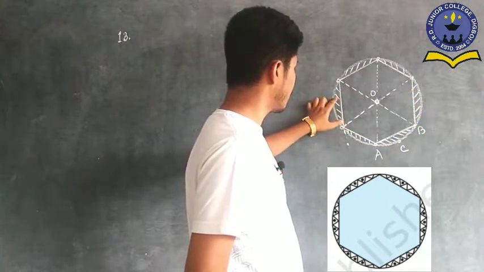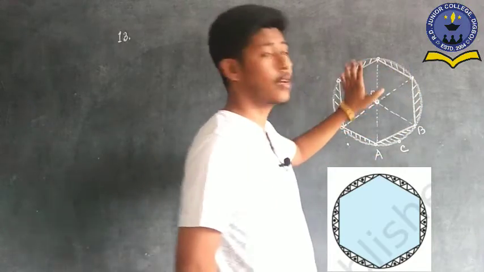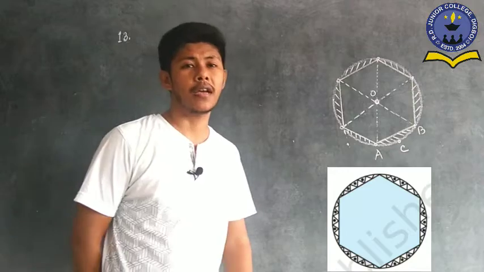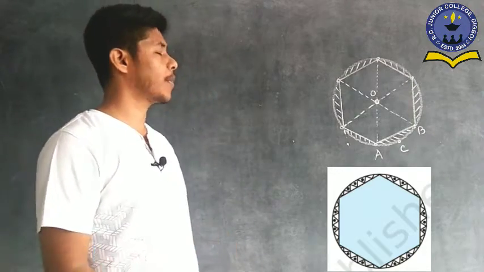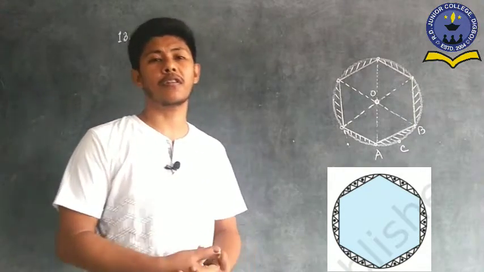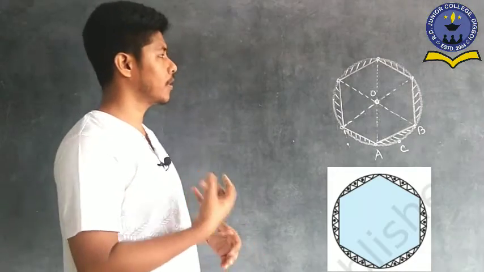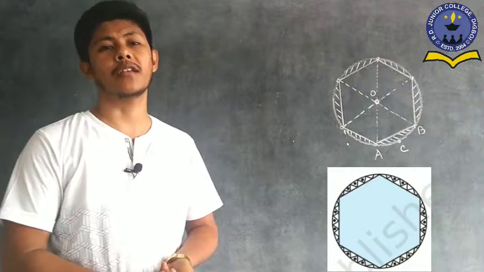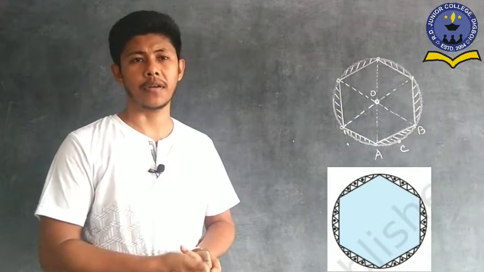How many designs are there? 1, 2, 3, 4, 5, 6 designs. First we find the area of these 6 designs, and after that we multiply it with the cost per centimeter square, which is 0.35. If we multiply this total area by 0.35, then easily we can find out the cost here. Is it clear?